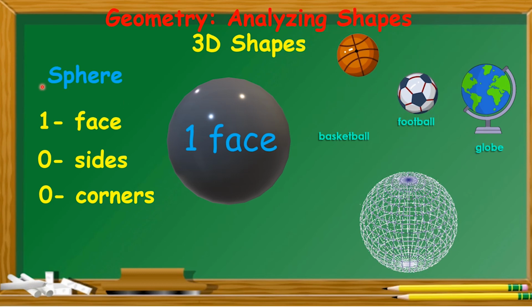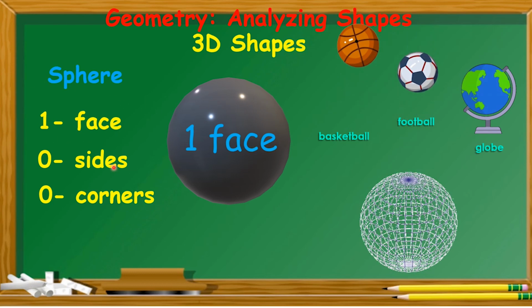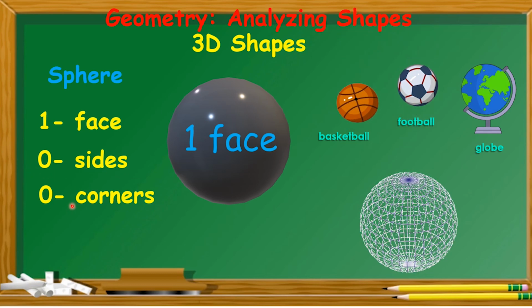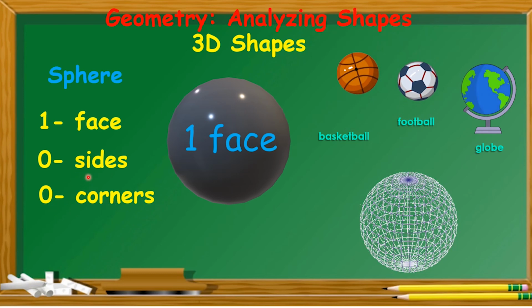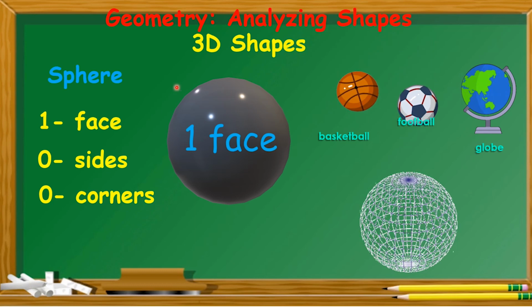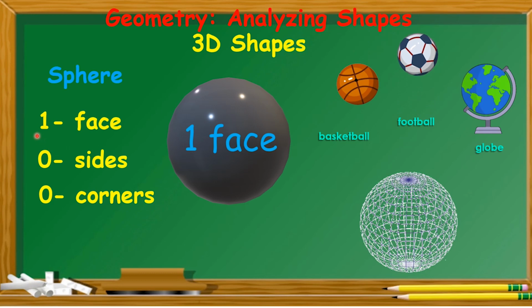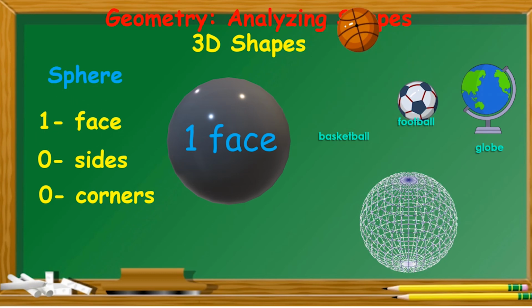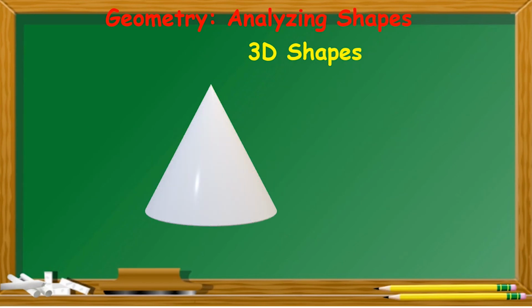Again, a sphere has one face, no sides, and 0 corners. Same as the cylinder, but the cylinder has sides, and this one has no sides, only one face. So that is a sphere.